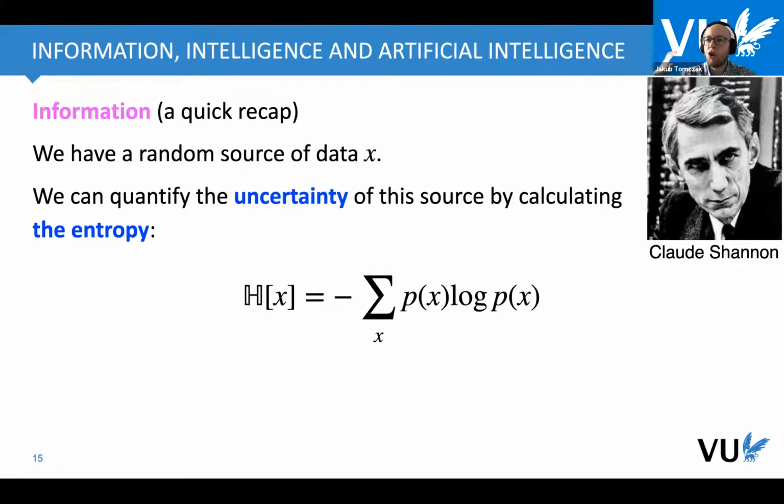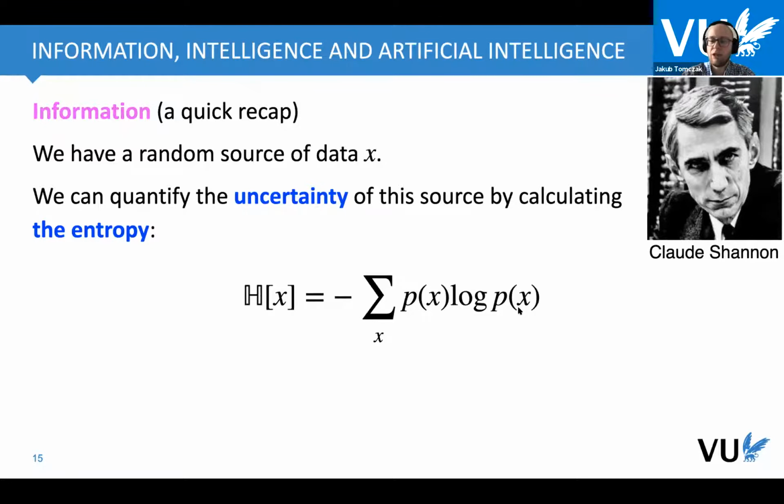But when you get a lot of different images, and they are all the time changing, and there is something new, then this source is very uncertain, right? Because there is everything popping up, and it is all the time something different. And this is what entropy tells us. And the entropy is just: you take P of X, the probability of observing some value X, and log of P of X is the logarithm of that probability, okay?